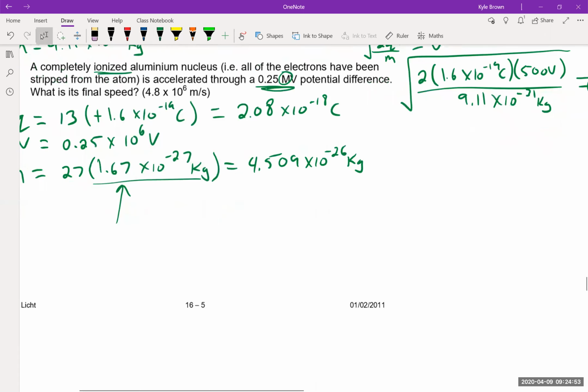So we can do this again. We can say, okay, energy before, so potential energy is equal to kinetic energy, right? So this thing had a certain amount of potential energy to begin with. Our new formula is charge times voltage. And our kinetic energy is the same thing it's always been, 1/2 mv squared.